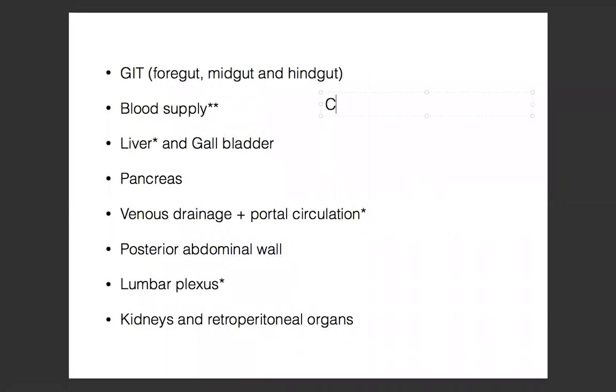The celiac is at the level of T12, the superior mesenteric artery is at the level of L1, the inferior mesenteric artery is at the level of... wait a second, I can't remember.